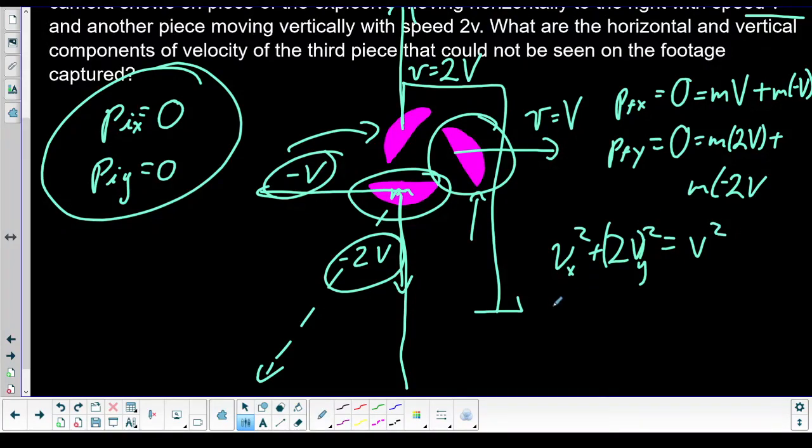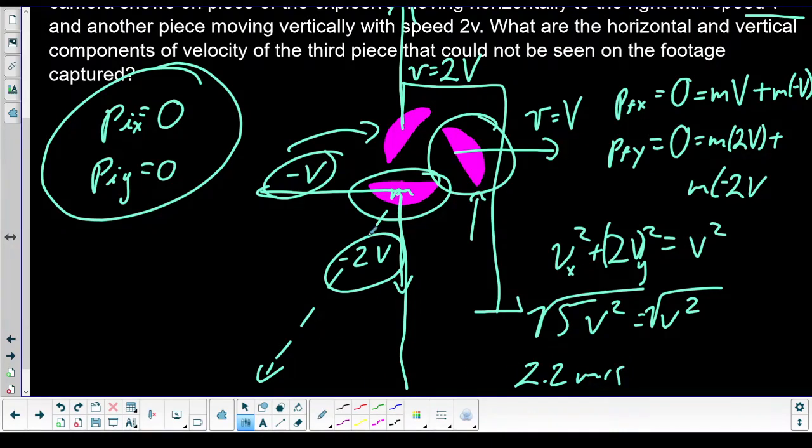So we have 2 squared is 4. We have 1 plus 4, so 5v squared equals the speed squared. Square root, so it's going whatever the square root of 5 is. What is it, like 2.2 something? It's going like 2.2-ish times v that way. More down than up. So, all right.